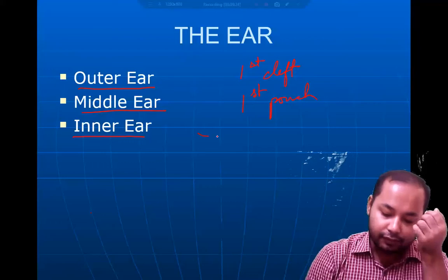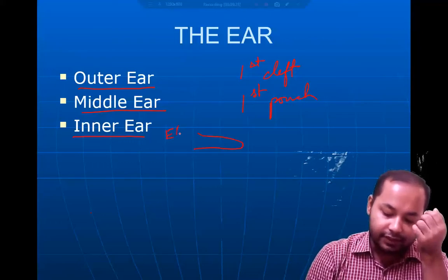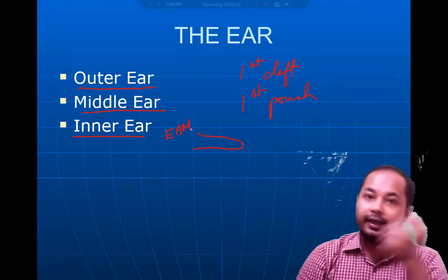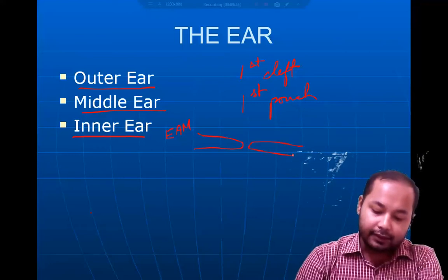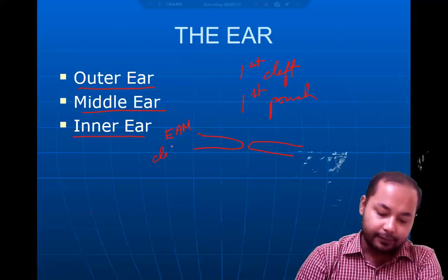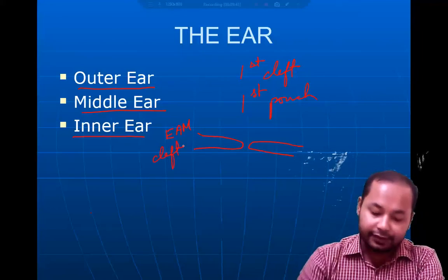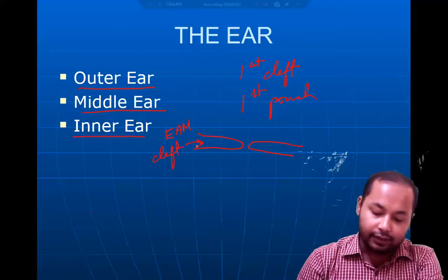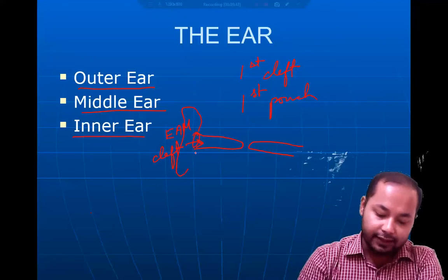I am abbreviating the external auditory meatus as EAM. The cleft invaginates from outside, forming the external auditory meatus, so you have the ear outside.